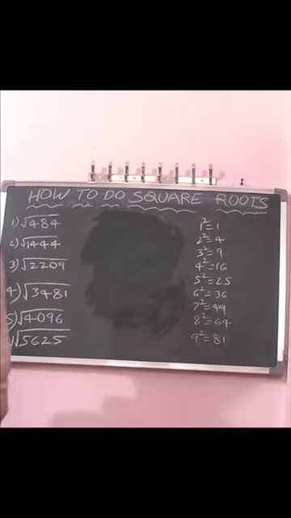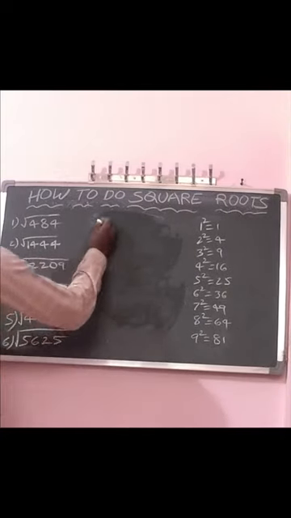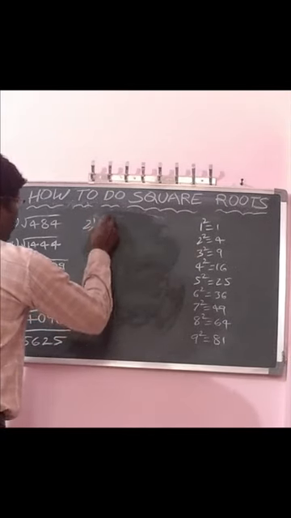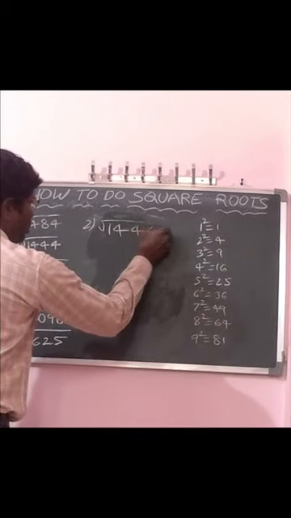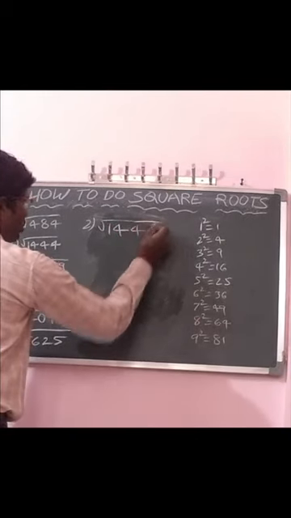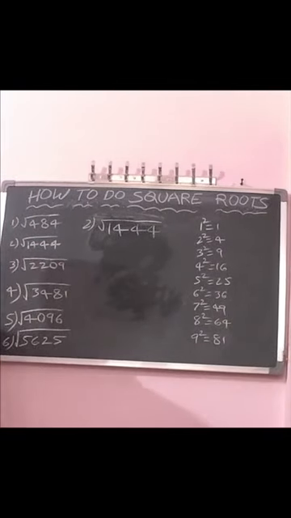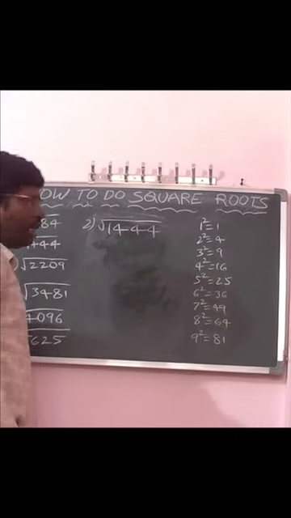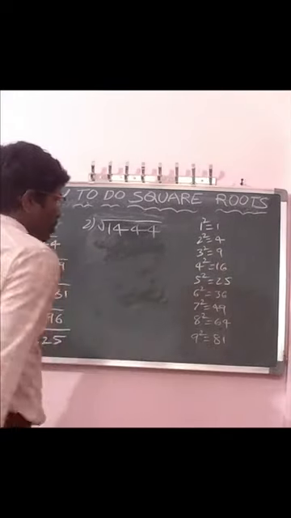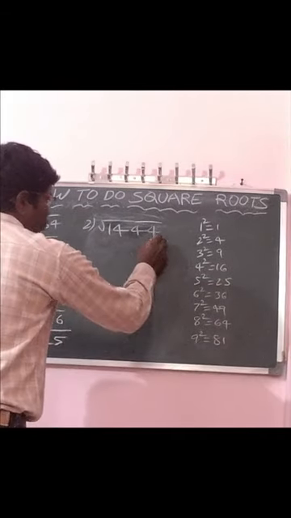Now the second question, root of 1444. Okay. First, in the first step, we can compare the last number in the square values. So, in this 1444, the last number is 4.